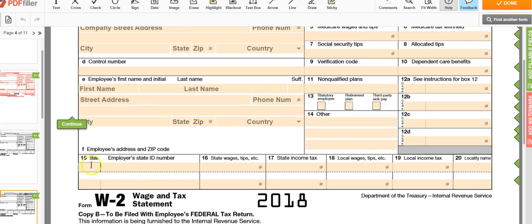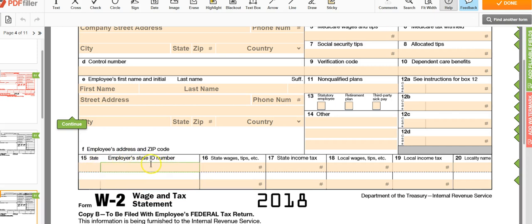Now, for box 15, your state should go here. Some people actually work in more than one state. They live in one state and work in another, so sometimes you're going to see two lines of state information, and that's what's going to go here.